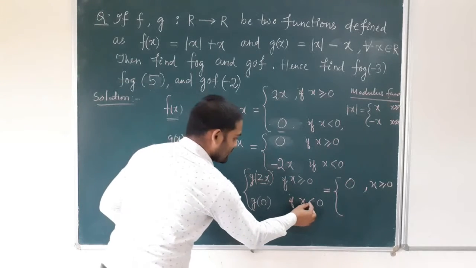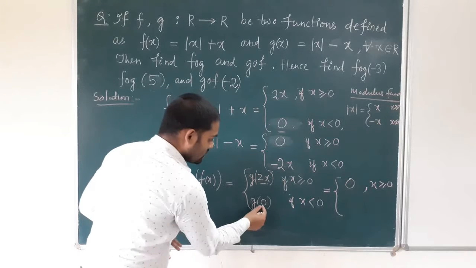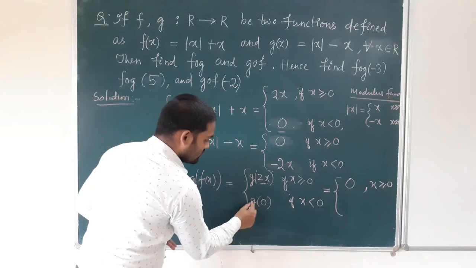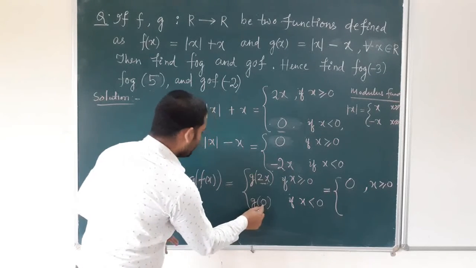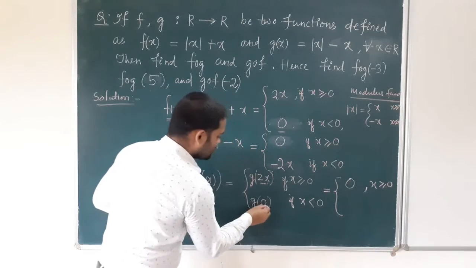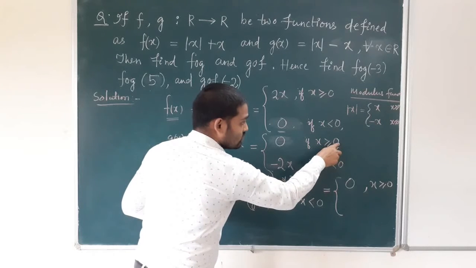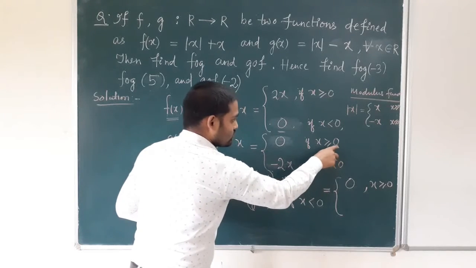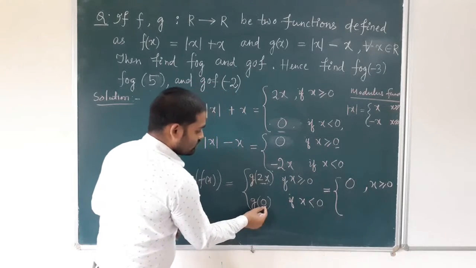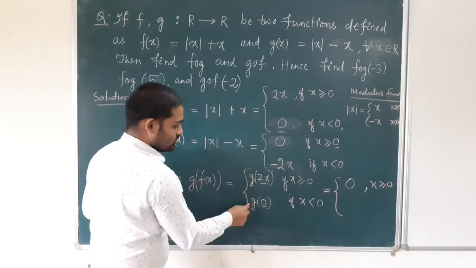And now x less than 0. Here you see g of 0. When x is equal to 0, the input is 0. When the input is 0, x is equal to 0 also, so we are getting 0.